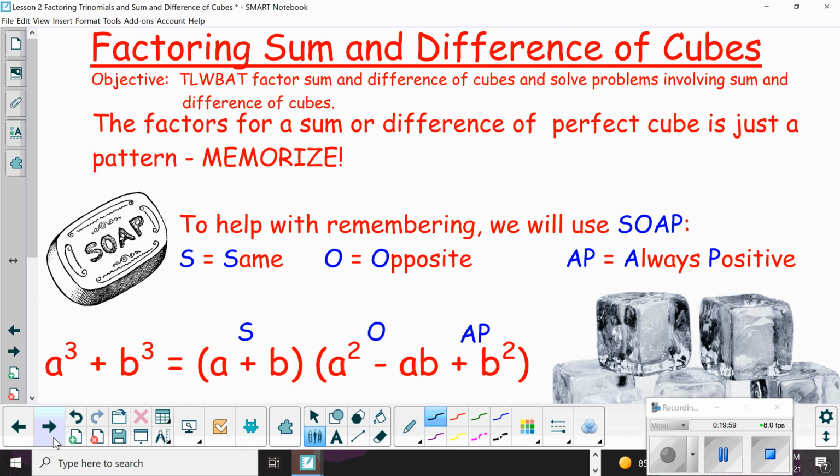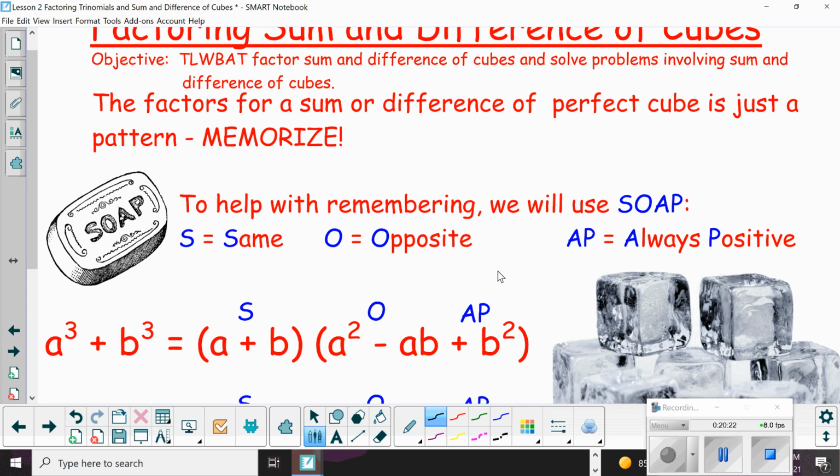Okay, remember the pattern. The factors for a sum or difference of a perfect cube is just a pattern. That means you're going to need to memorize it. To help with remembering, we have the mnemonic SOAP, which stands for same sign, opposite sign, always positive. That way there's no thinking about, ooh, am I adding or subtracting?